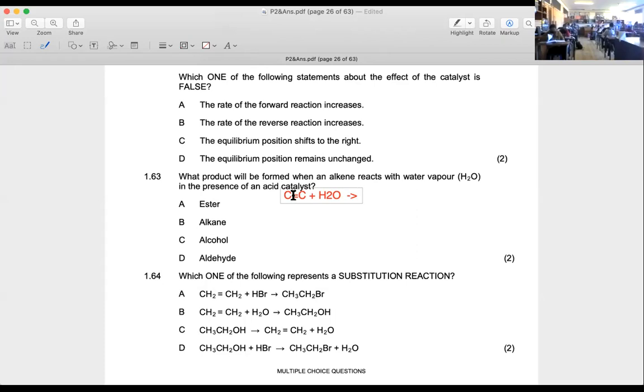Break the double bond. The H is going to go there, and the OH is going to go there. So we're going to get an alcohol. That looks logical. So the answer must be C. And that is an addition hydration reaction. Okay, addition hydration.